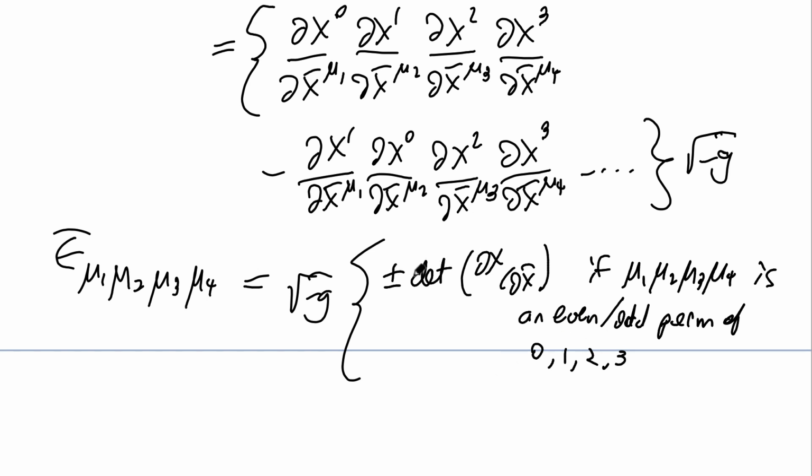So even goes with plus sign, odd goes with the minus sign, and it's 0 otherwise.